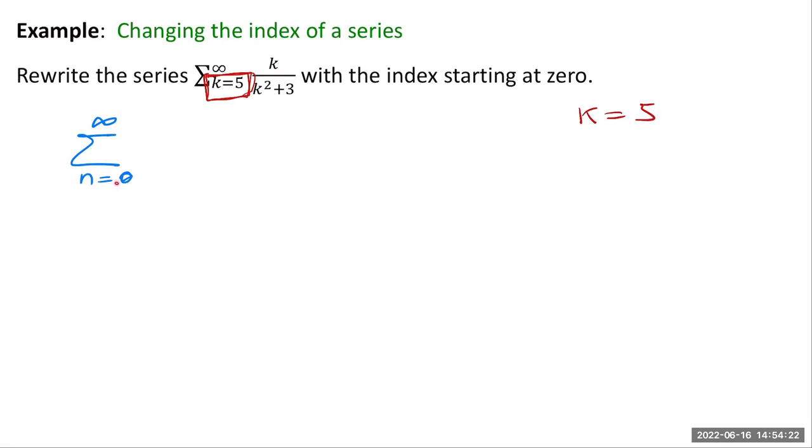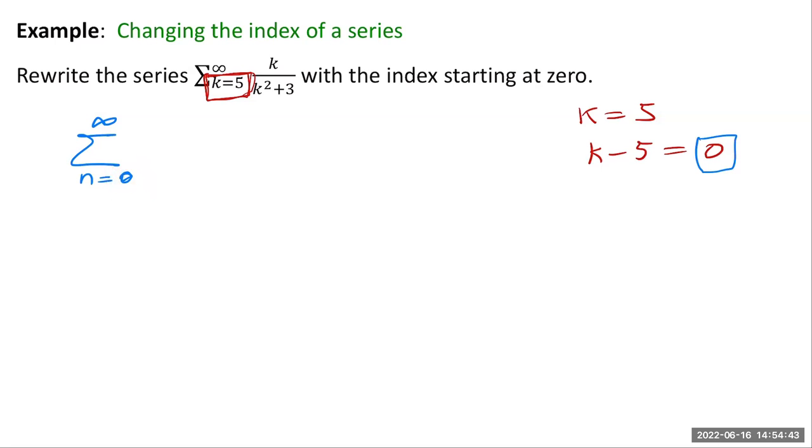Since the starting index of the new series should be 0, I want a 0 on the right-hand side, so I move this 5 to the left-hand side. That gives k minus 5 is equal to 0, as we needed.